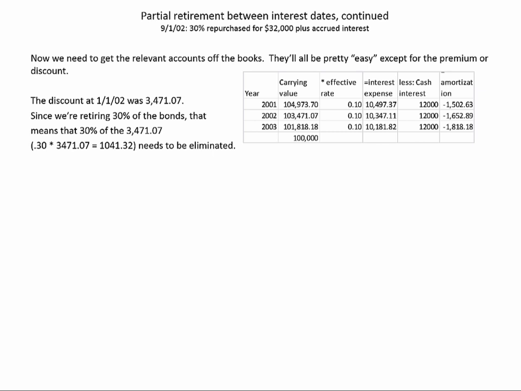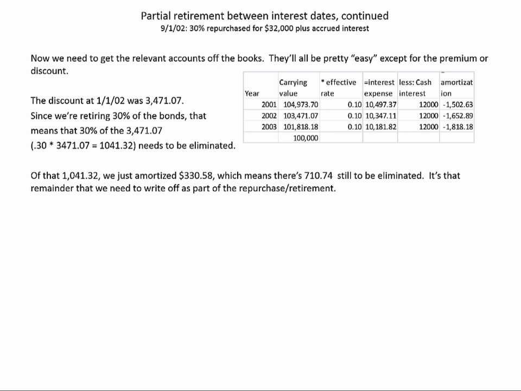That has to go away. Now part of that we eliminated via the amortization just on the preceding slide. We amortized $330.58, which means there's still $710.74 that has to be eliminated. It's that remainder that we're going to write off as part of the repurchase/retirement. So we get rid of the bonds payable, again at face value, that's always the easy one.